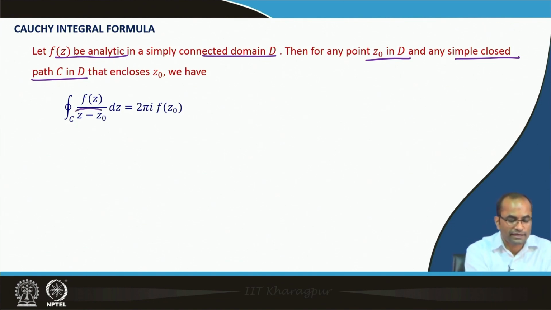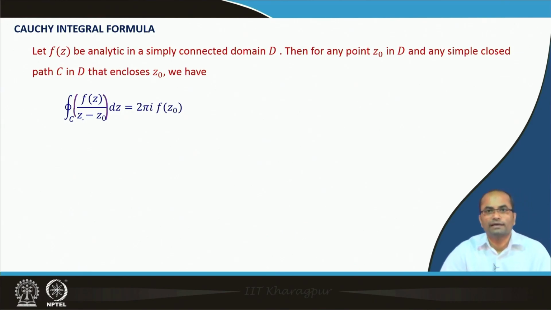This is the extra term here. If this is not there, then the integral over C of f(z) dz was 0, but now we have z minus z0 in the integrand, so the integrand is f(z) over z minus z0.